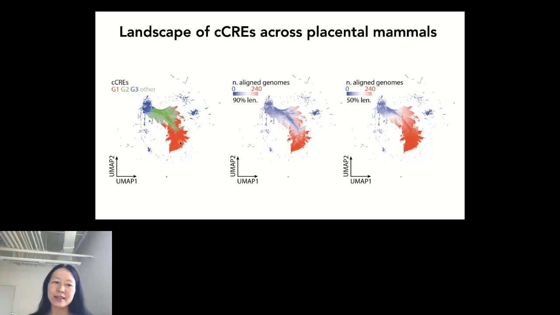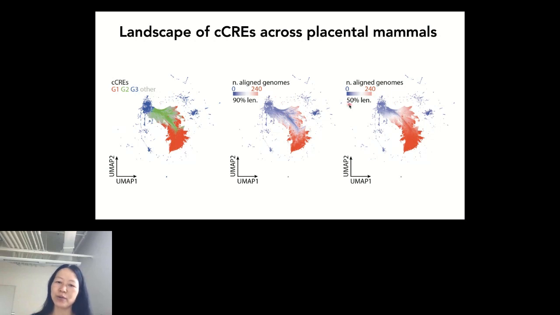You can see this continuum from highly conserved to intermediate conservation, and all the way it basically explodes into small clusters. These are small clusters of primate specific cCREs. These two plots are based on the percentage of the cCREs that are aligned in length. I'm not going to go into details, but these intermediate cCREs really change, as you can see here.